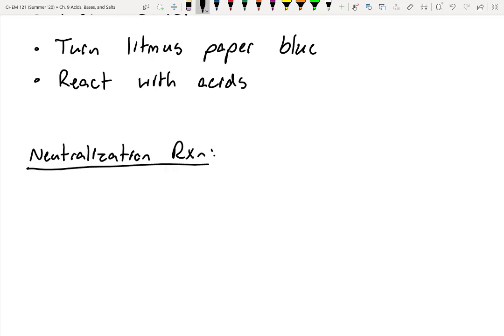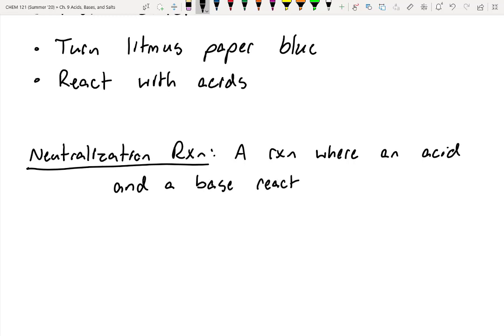All right, so a neutralization reaction is very specific. A neutralization reaction is a reaction where an acid and a base react completely to produce water and a salt.